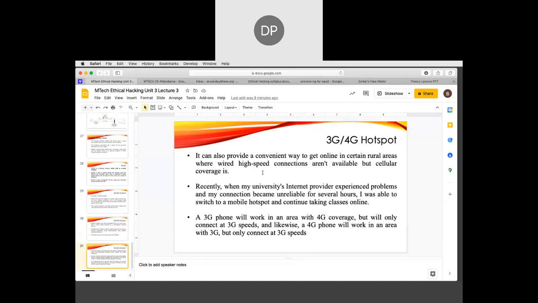A 3G or 4G hotspot can also provide a convenient way to get online in certain rural areas where wired high speed or dedicated broadband connections are not available, but cellular coverage is available.